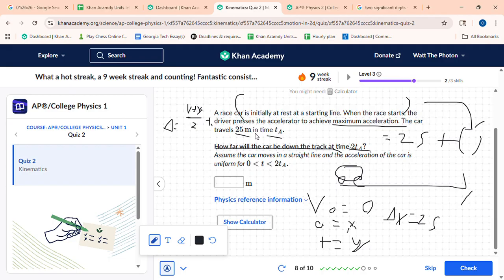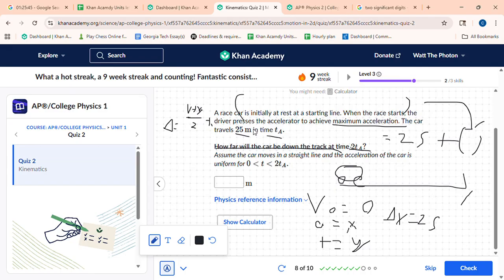Time equals 10, and I think that's the only thing I assumed. So delta x is equal to v naught t plus 1/2 a t squared. 25 is equal to 0 times t, which is still 0, plus 1/2 a, and we'll put t to be 10.